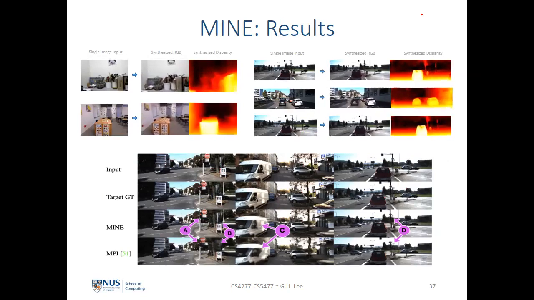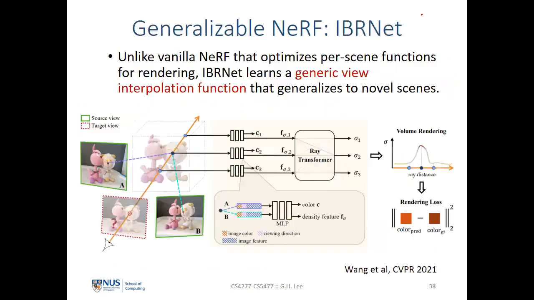So here's mine, which actually makes it generalizable as well as mitigating MPI. And I think this is a very neat work, which is called the IBRNet. It's actually generalizable. It has the same concept: in order to make NeRF generalizable, you need to make the inputs the image or the image feature.